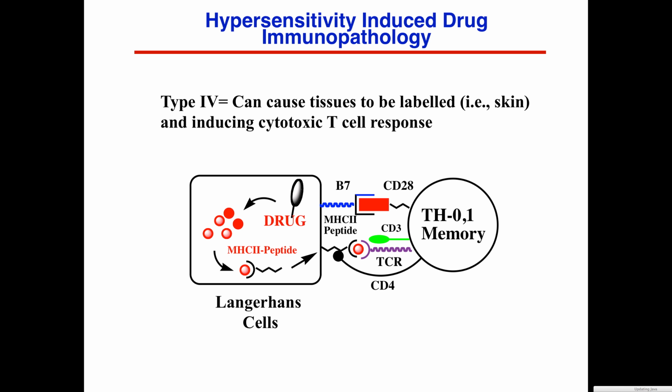And when they move into the skin, they can then initiate the macrophage activation. And so anything that binds the skin, or gets into the outer tissues like that, a drug that does that will initiate this response.